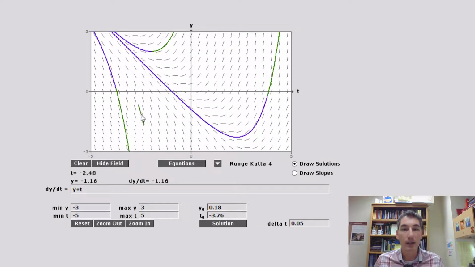But at each point, for example, right here, I'm at the point right around (-1, -1), so that should be a slope roughly of -2, and you can see a slope of -2 drawn there. Okay, and then increasing the t's increases the slope, increasing the y's increases the slope. All right, so that's how this program works for dy/dt equals y plus t.